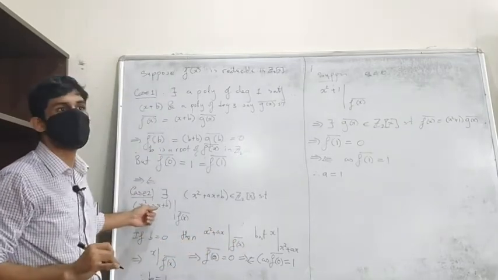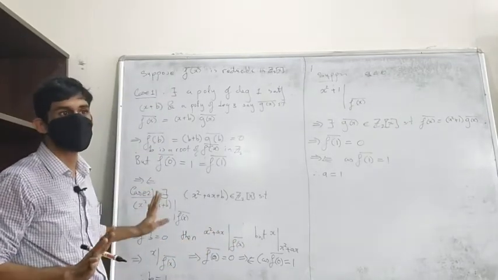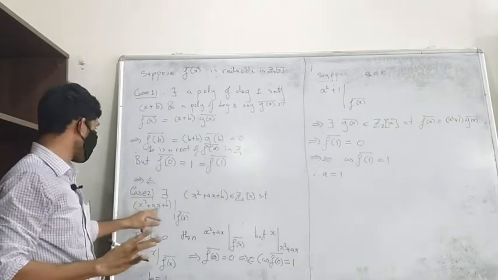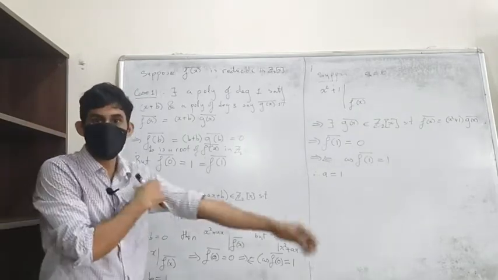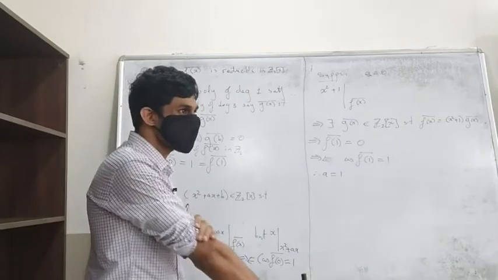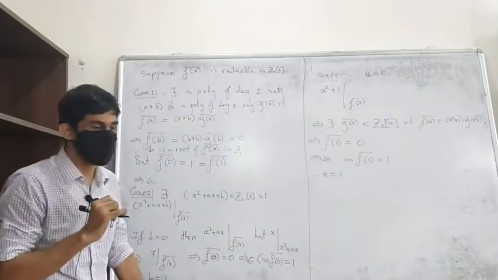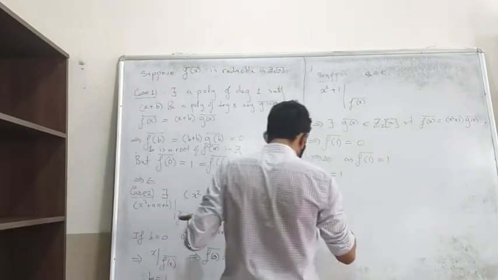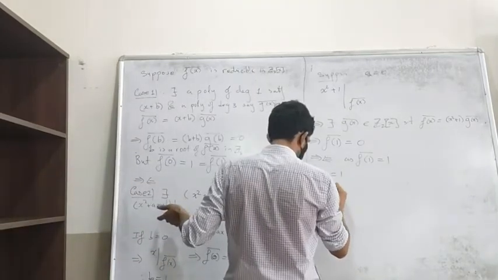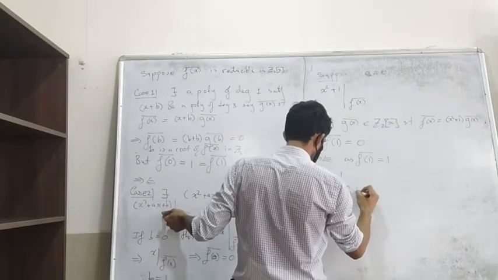We can't do the same argument here because this has no roots in Z2. But what has happened here? Now it's quite easy to see. So a is equal to 1 and b is equal to 1.